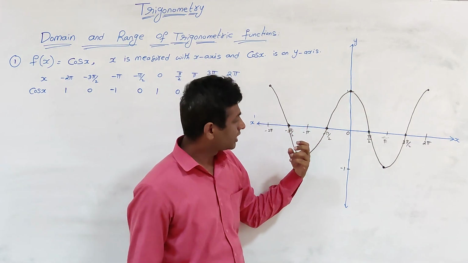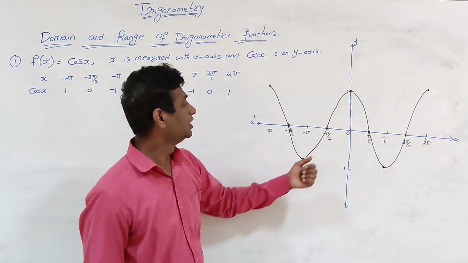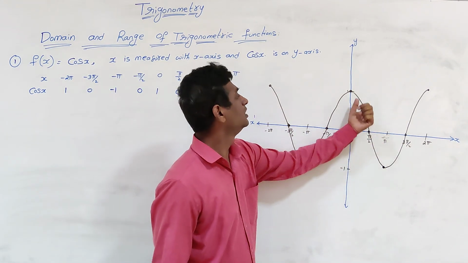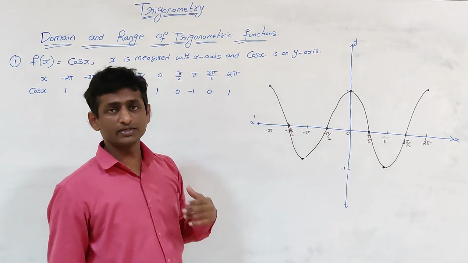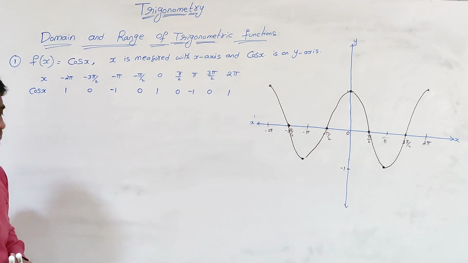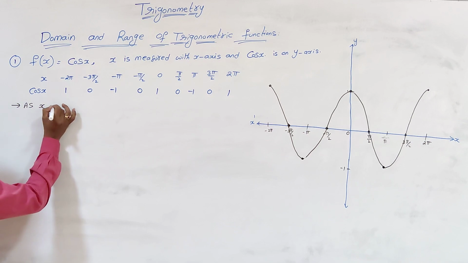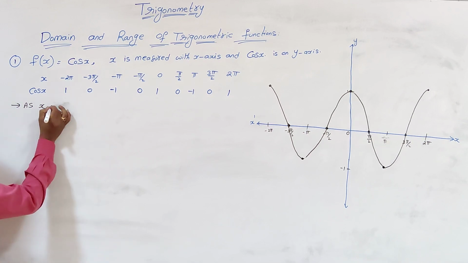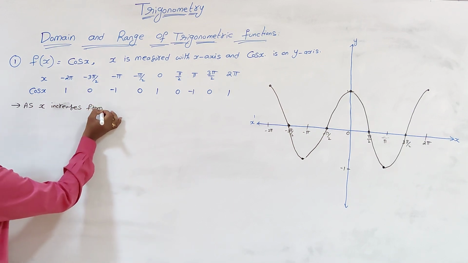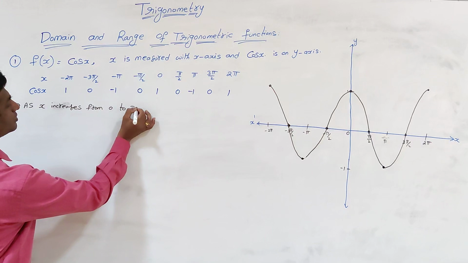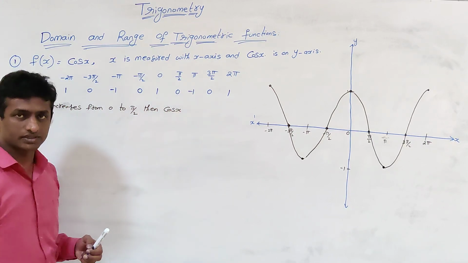And what is the variation of cos x in the first quadrant, second quadrant, third and fourth? So if we move from 0 to pi by 2, the cos x will be decreasing from plus 1 to 0. Similarly, as we have seen in sin x, we will go for the observations of the cos x also. As x increases from 0 to pi by 2, then what is happening to cos x?